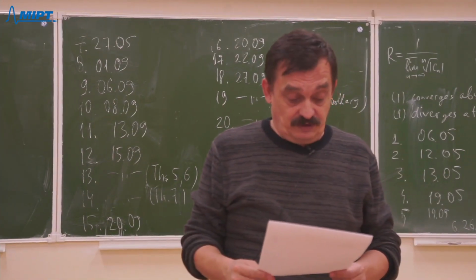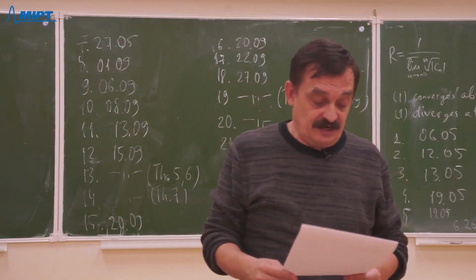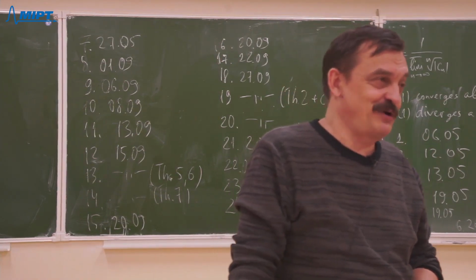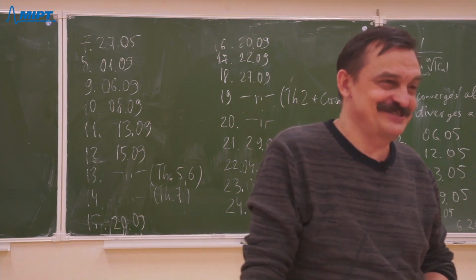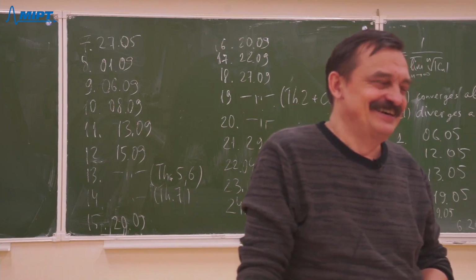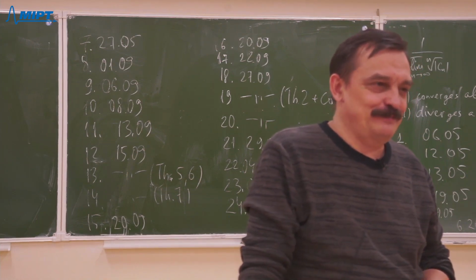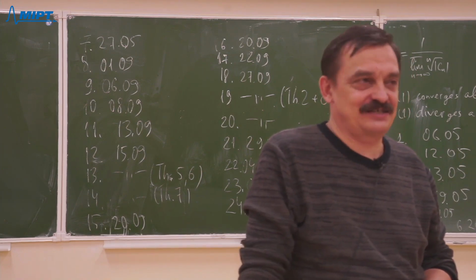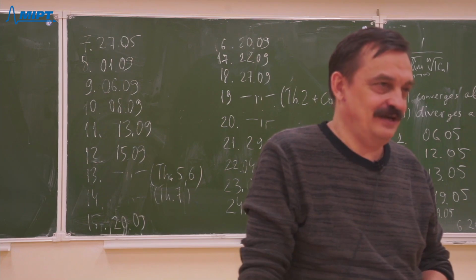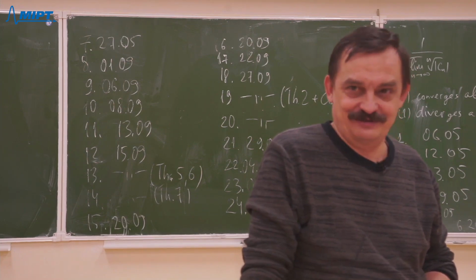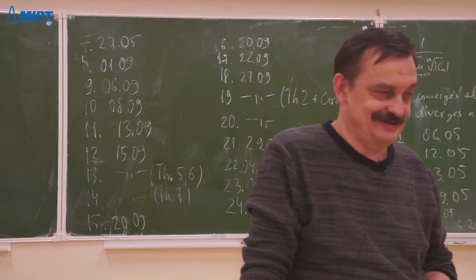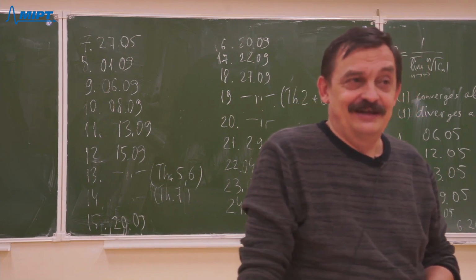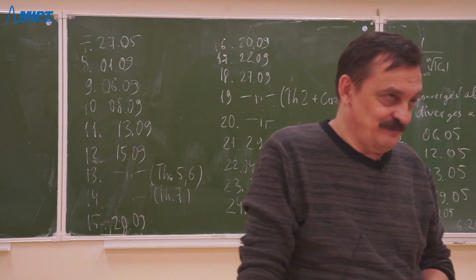Okay, question 27, area, Jordan measure of a subgraph. So you see, in brackets there are the words Jordan measure, right? And it means that I didn't ask you to learn anything from measure theory, and I spent many lectures on it, right? And I didn't include anything into the program.